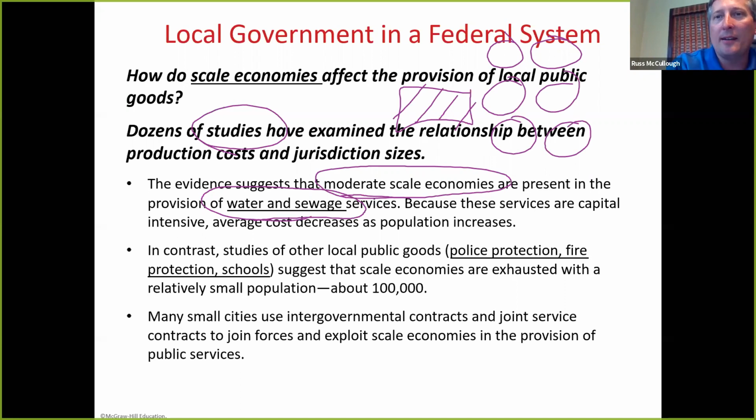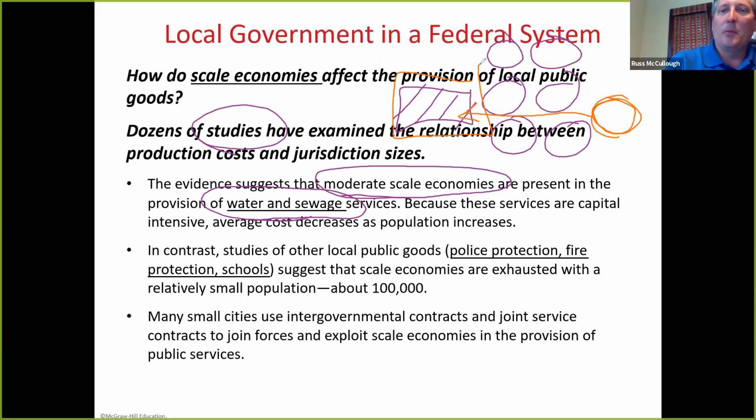If I add an orange house here, how much harder is it for the waste treatment plant to process it? Not too bad, right? So adding more volume of water waste onto an existing water waste system would lead to economies of scale. And so they do see there being some moderate economies of scale for water.